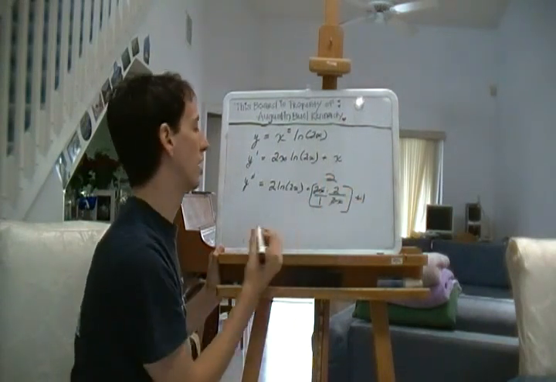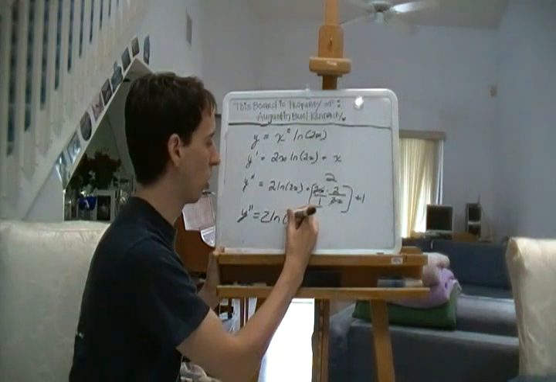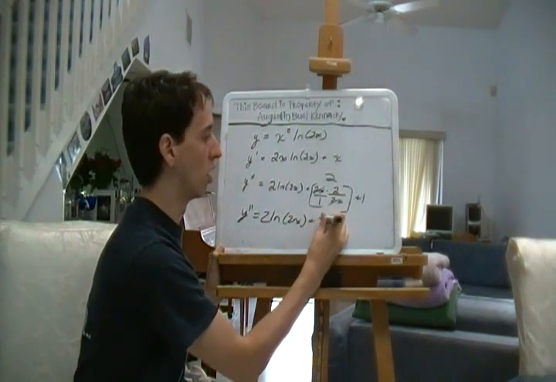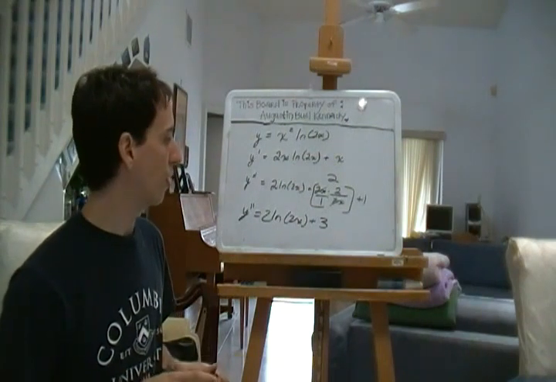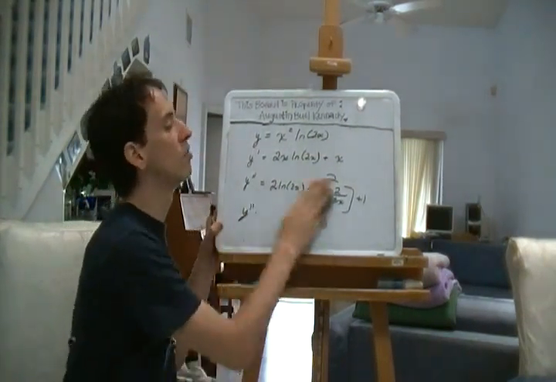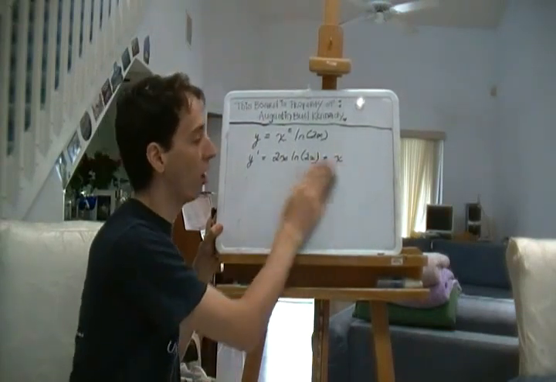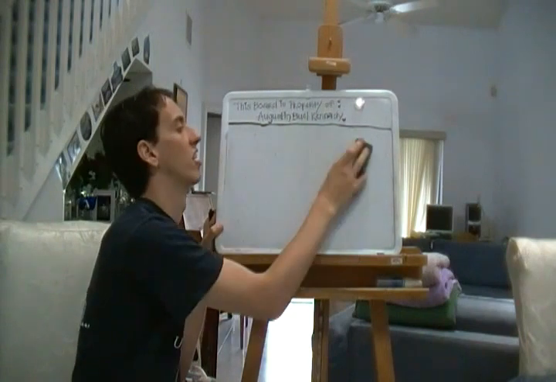So if this is 2 and that's 1, that means that y double prime equals 2 times the natural log of 2x plus 3. Hopefully you can see how that works. That's how you take the derivatives of logarithms. It's not logarithmic differentiation, which we also covered, I believe, in the last lecture as well.